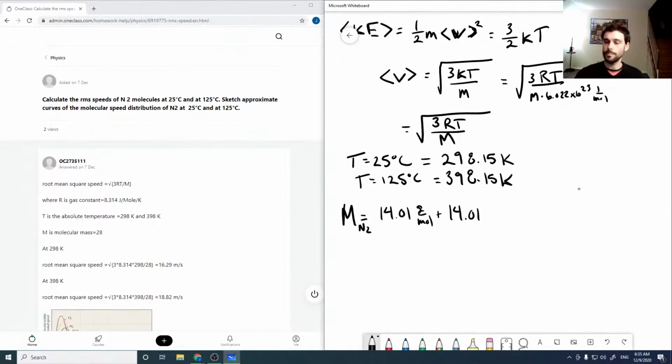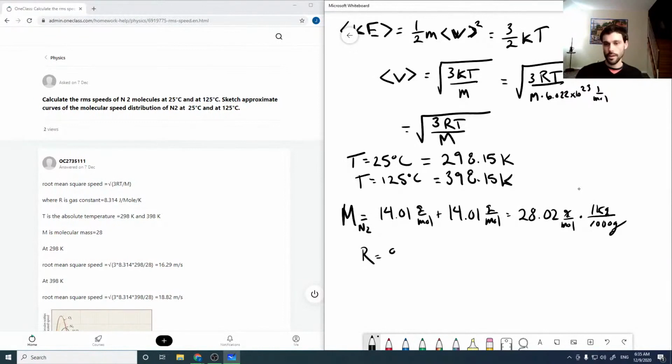There's two of them, so that'll be 28.02. But then we need to multiply by a kilogram per 1,000 grams, as we're going to need this to be in kilograms because our R is in joules.